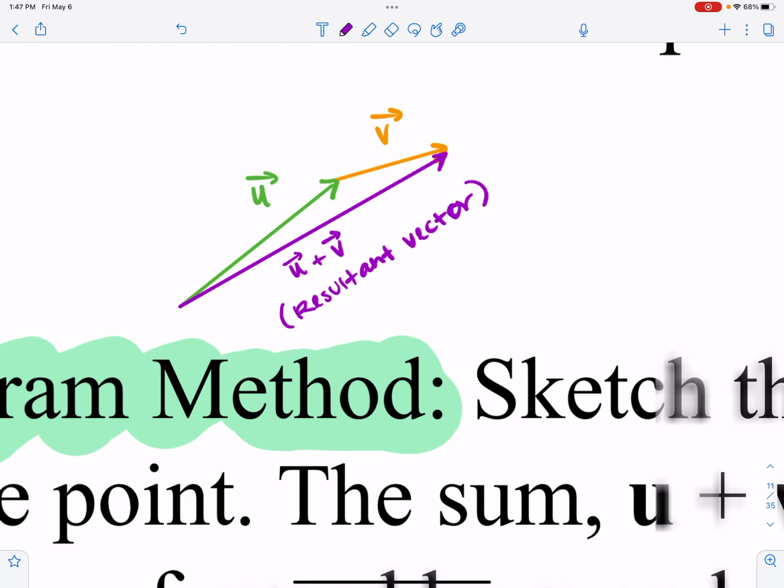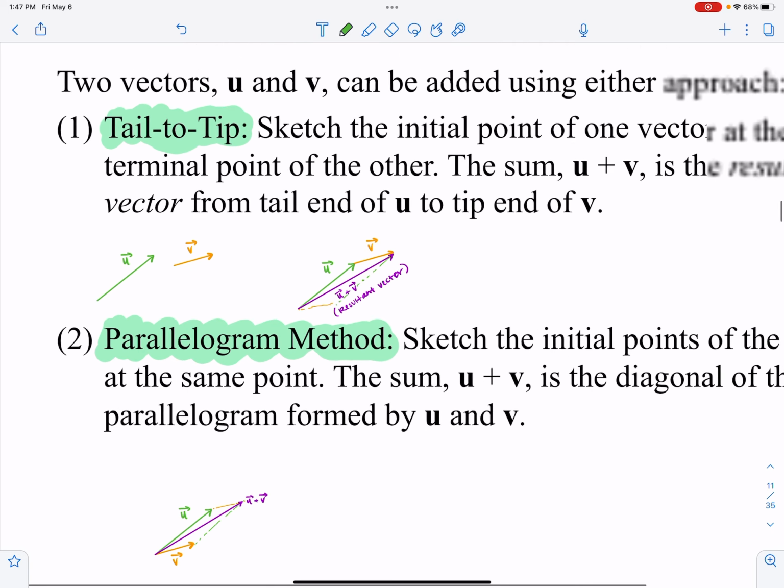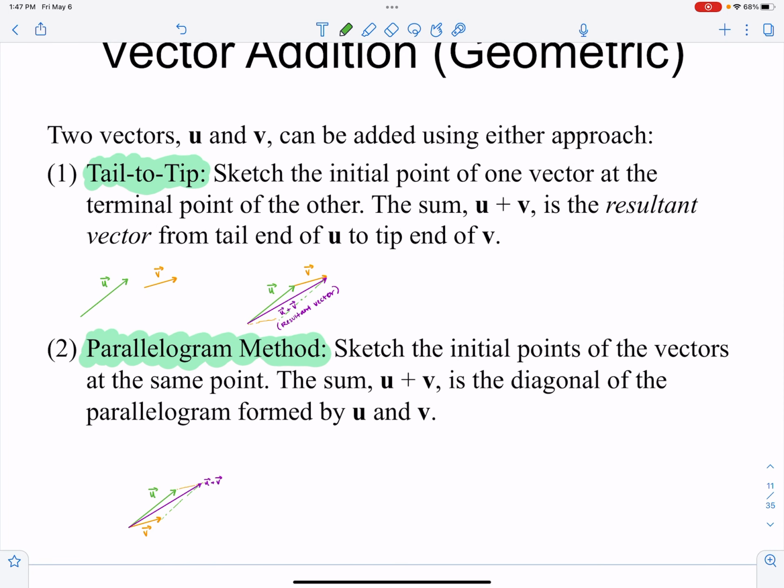Like if we went back up here and thought about drawing a parallelogram, with this being vector u, the orange being parallel to vector v, and the side being parallel to vector u, we would create a parallelogram where the resultant vector is that diagonal. Okay, so those are the two geometric interpretations of vector addition. When we add two vectors, we get a resultant vector.